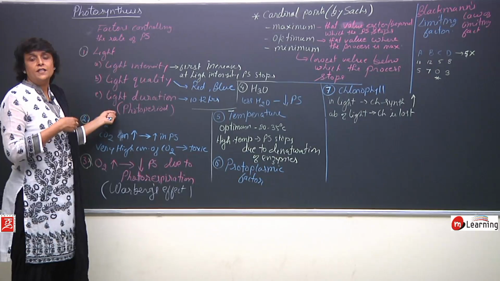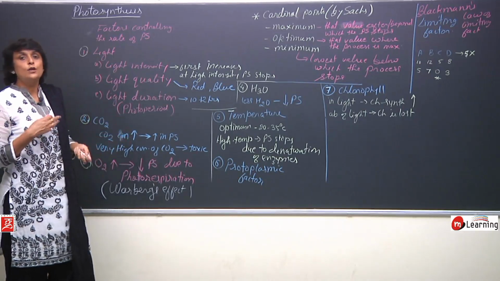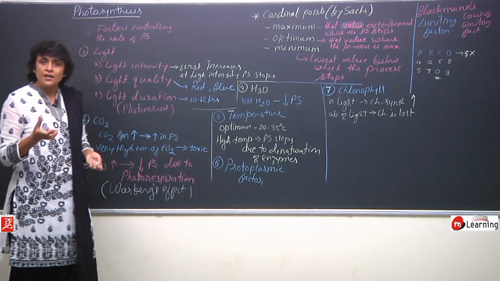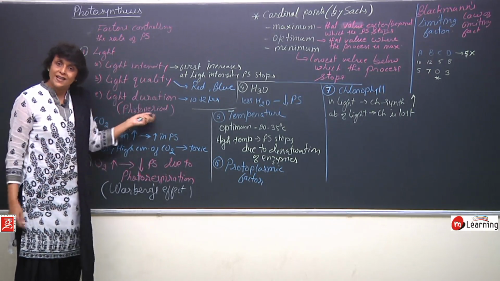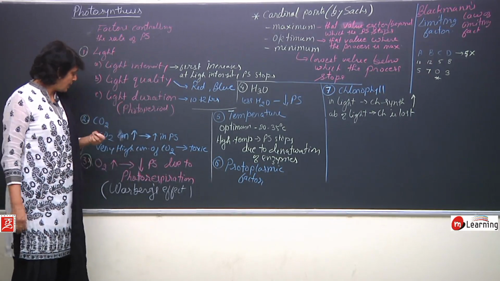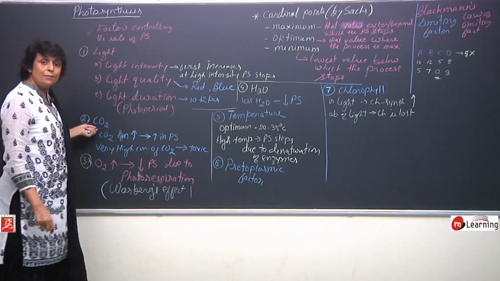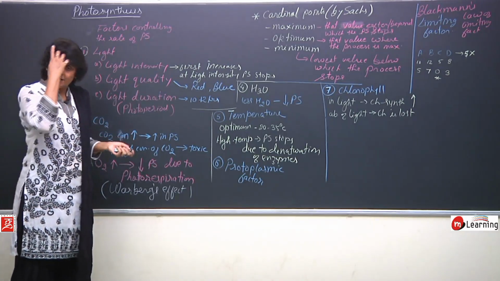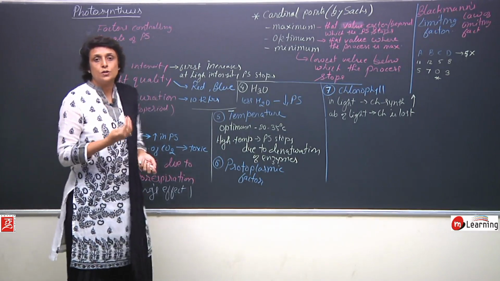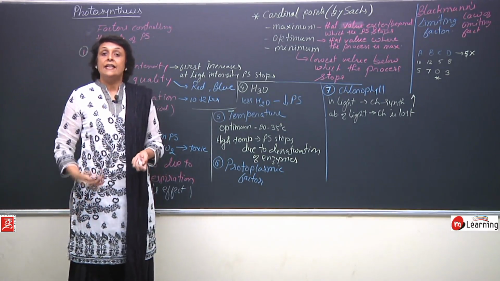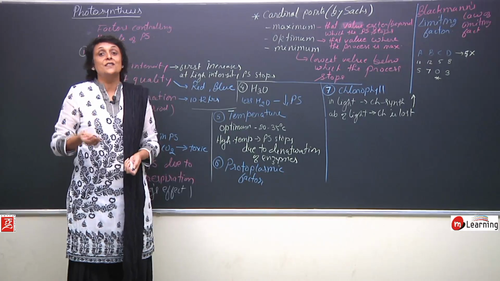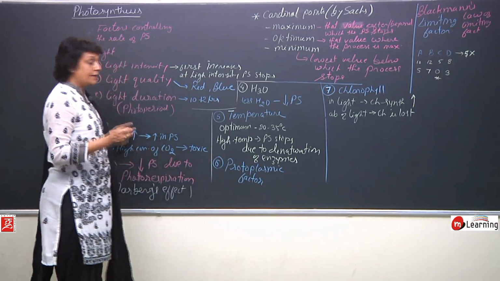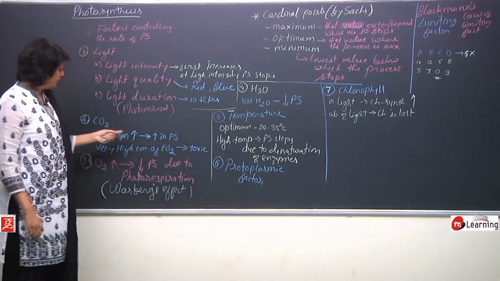Duration, normally if it is cloudy for a very long period of time and if they are not getting sufficient photo period, then this duration can also act as a limiting factor. Carbon dioxide can act as a limiting factor, but right now the situation which is existing is that carbon dioxide concentration is increasing. But yes, we have to take all the factors.